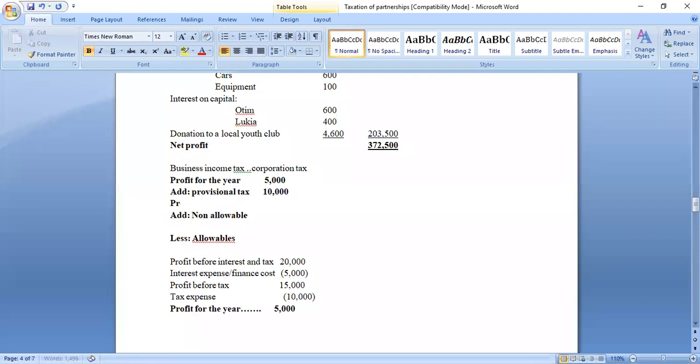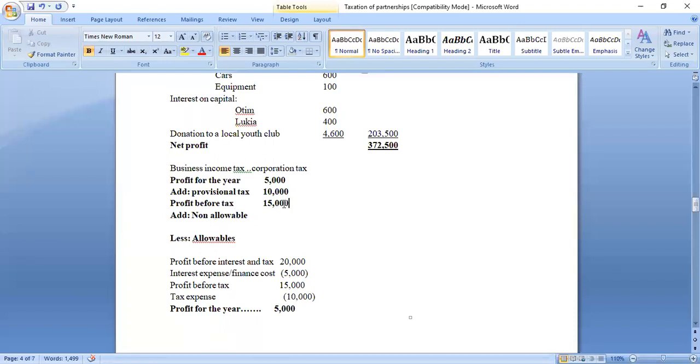So at the end of the day, you have profit before tax. This will be the 15,000. Then officially that's when you begin doing the adjustments. By going into the expenses, you look at what is allowable, what's not, then you add and deduct accordingly.